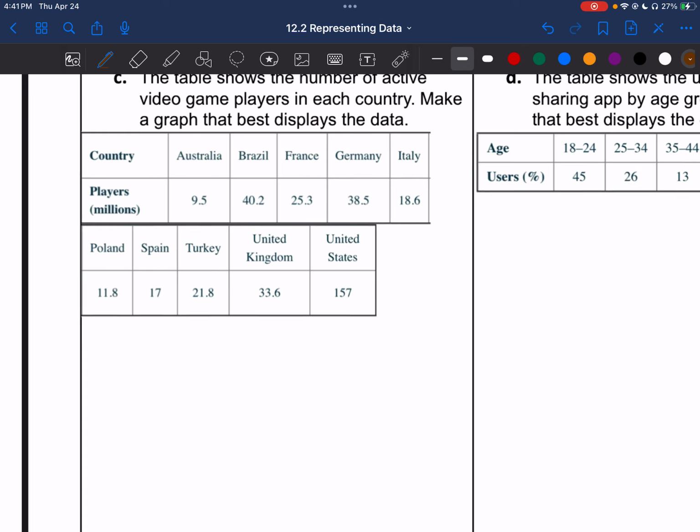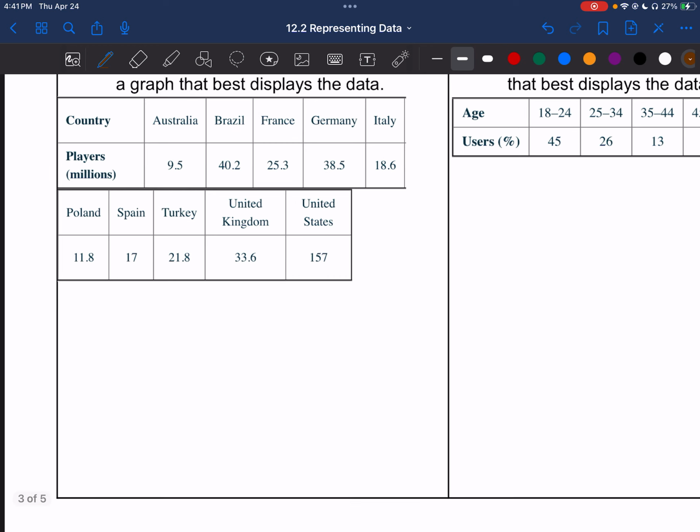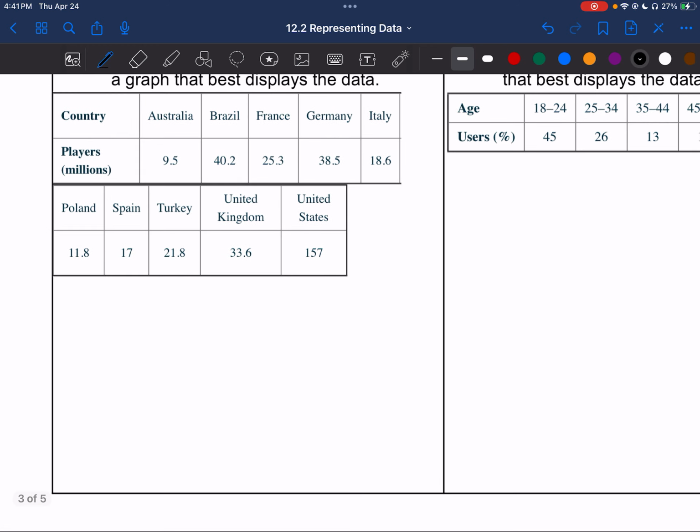All right. The table shows the number of active video game players in each country. Make a graph that best represents the data. So, again, we need to make our grid or piece to work with. So we have that. Let's go by 20 million.